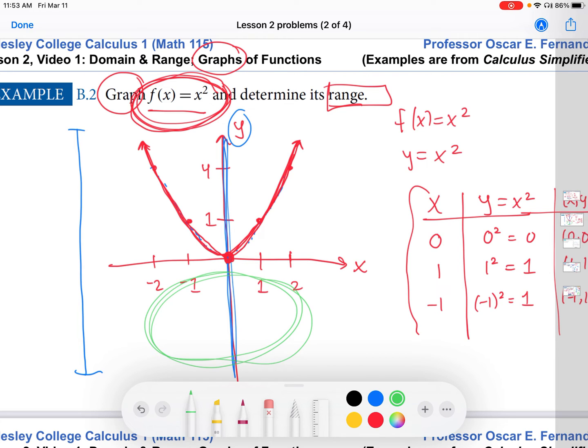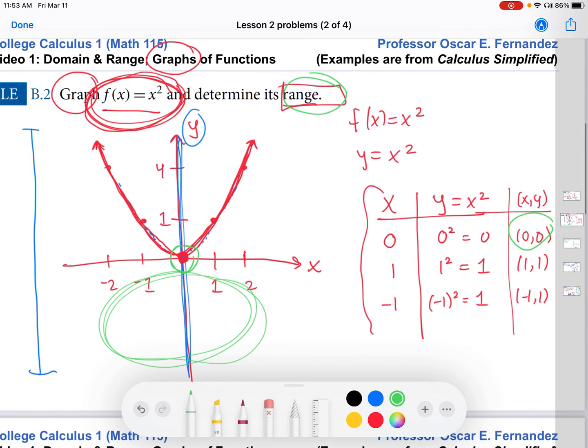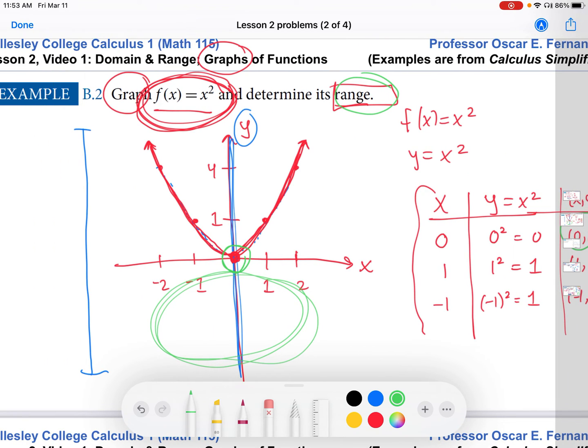So in terms of the outputs, the values of the range, there is no negative y value that this function outputs for any x value. There is one y equals 0 output, and that comes from over here, x equals 0. So y equals 0 is part of the range. And then anywhere else, if I pick a y value here, there are always 2 x values that yield that y value.